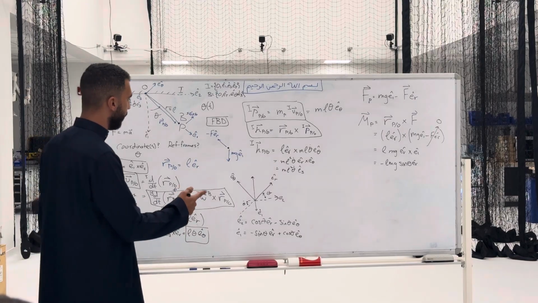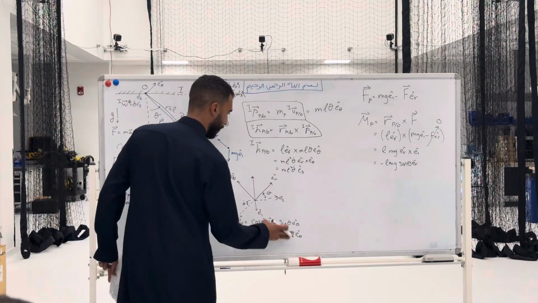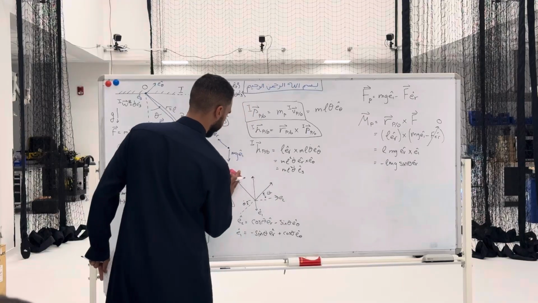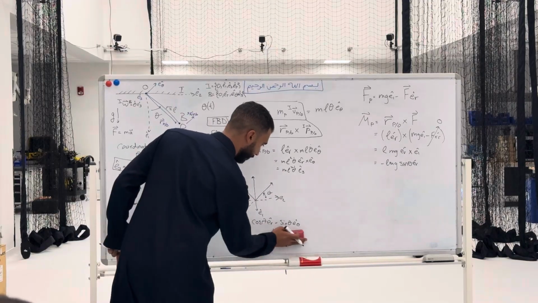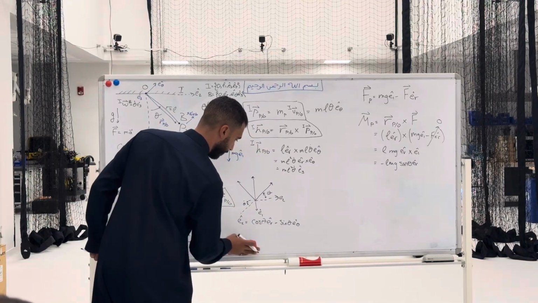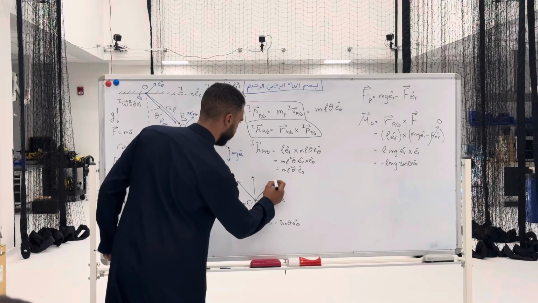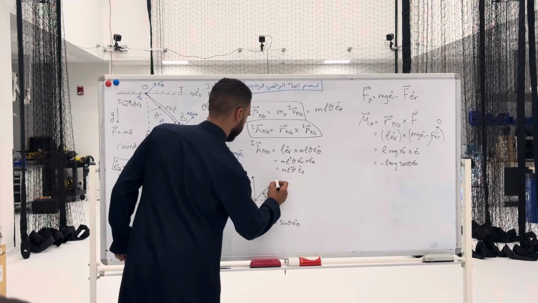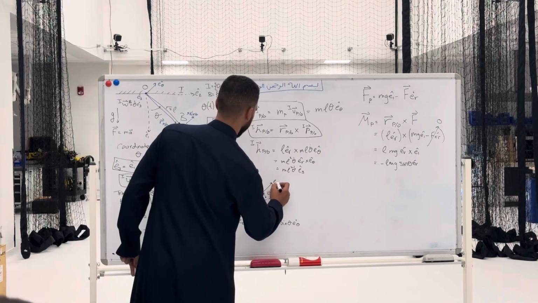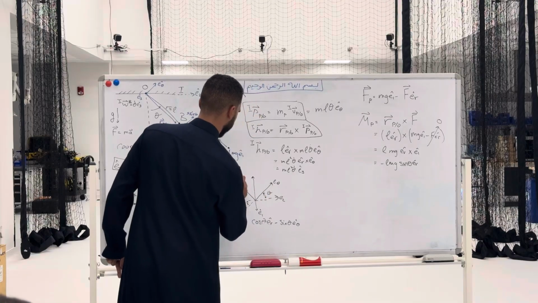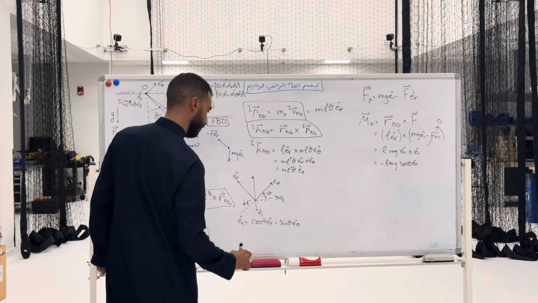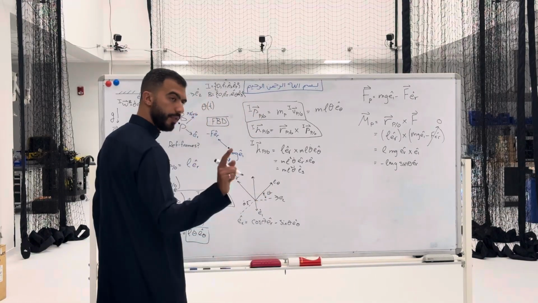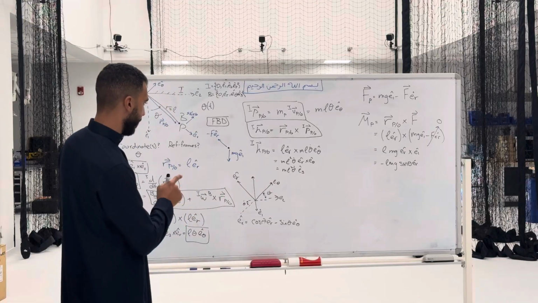Oh, I mixed them up. Where you have E2, you should have E1 and then ER. So this is E theta. This is ER. Thank you. Okay, now it makes sense.